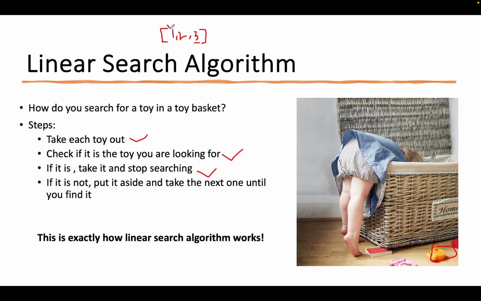We check, is this equal to the three that I'm looking for? No. Then you go to the next one. Is this equal to the three I'm looking for? No. Then you go to the next one. Is it equal to three? Yes. Then you take your data and then you exit the loop. And remember, if you are doing a loop, what do you use to exit the loop? Remember, it's the break statement, right? Break.